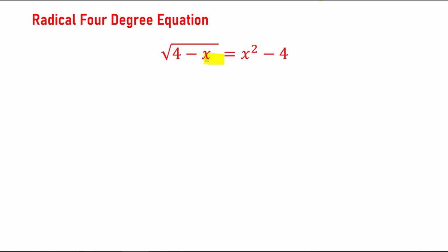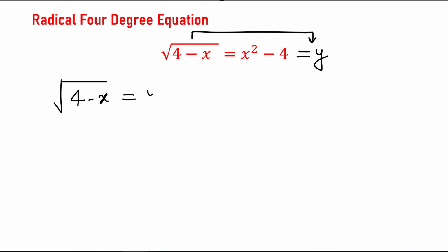Now, to solve this, we will assume this whole term is equal to y. This means I can frame an equation using this. I can write the square root of 4 minus x is equal to y, or if I square both sides, I have 4 minus x is equal to y square.